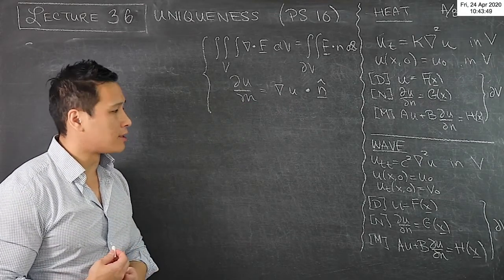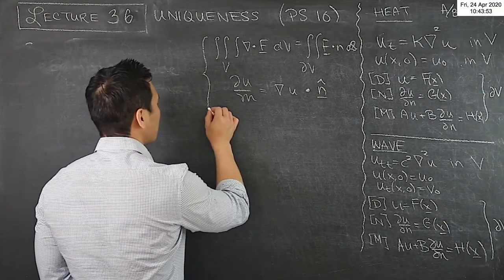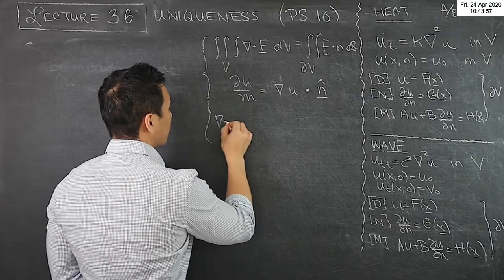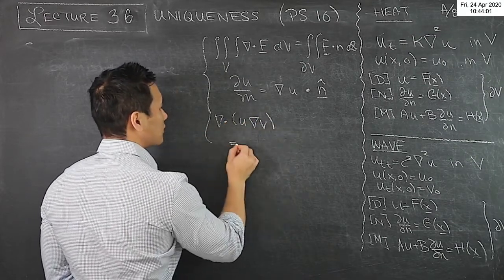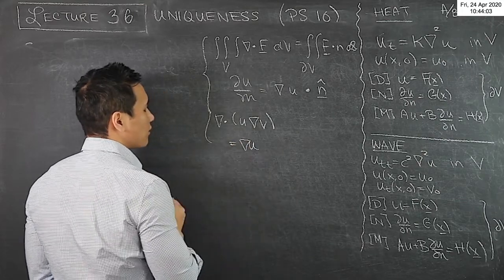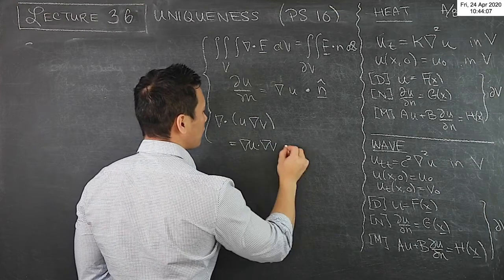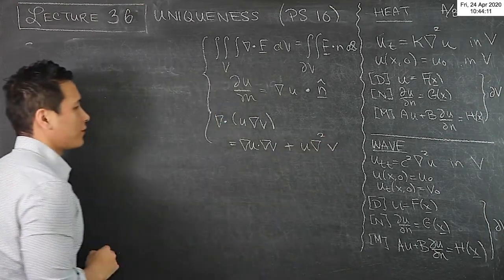The next thing you're going to need is a formula for the chain rule, or the product rule. The formula is that if I take the divergence of u grad v, this is grad u dot grad v minus u times the Laplacian of v.